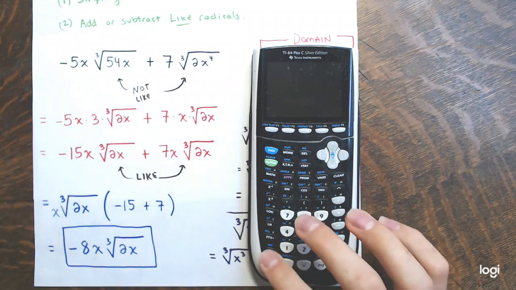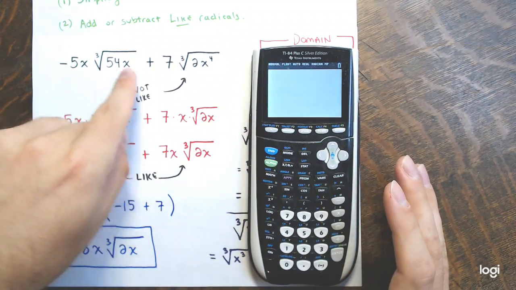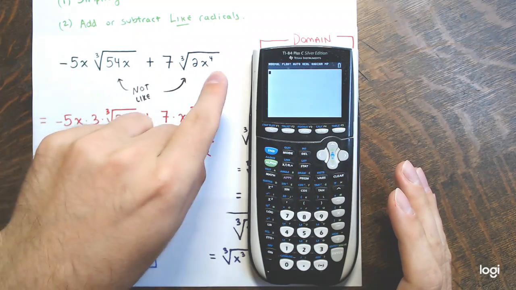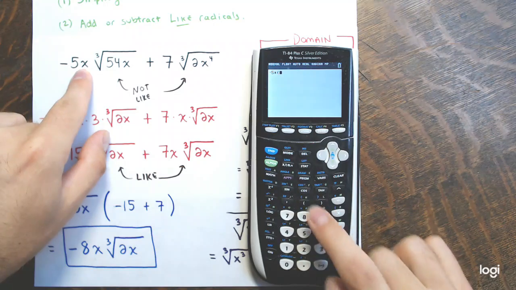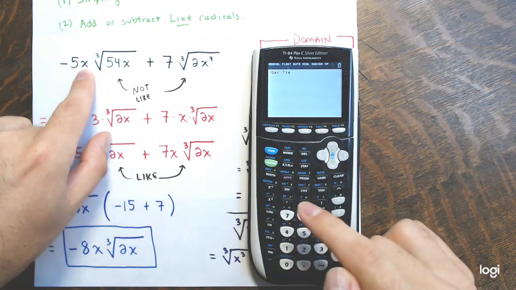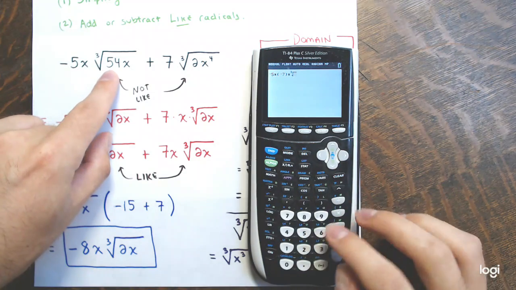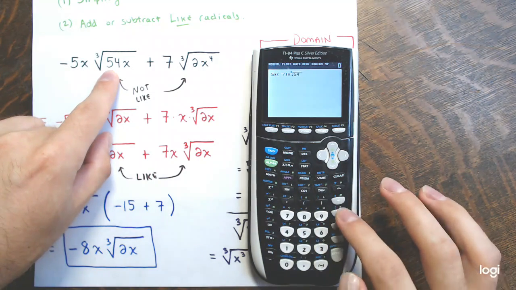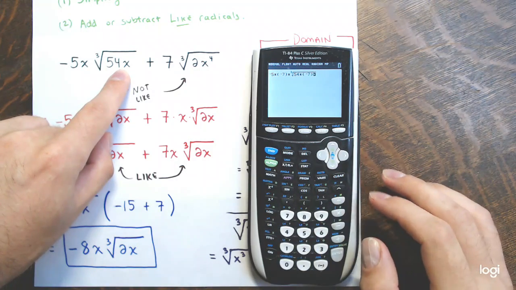Why not? So this first expression, I'm going to go through and replace all the x's with negative 7. So I've got negative 5 times negative 7 in parentheses here, times the cube root of, and then inside that 54 times the x, in parentheses, negative 7.